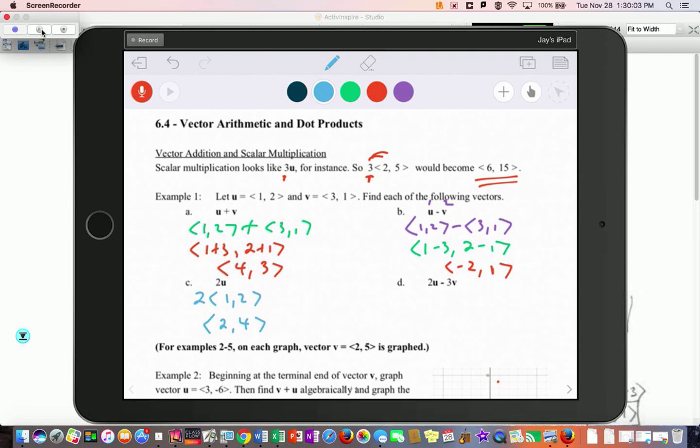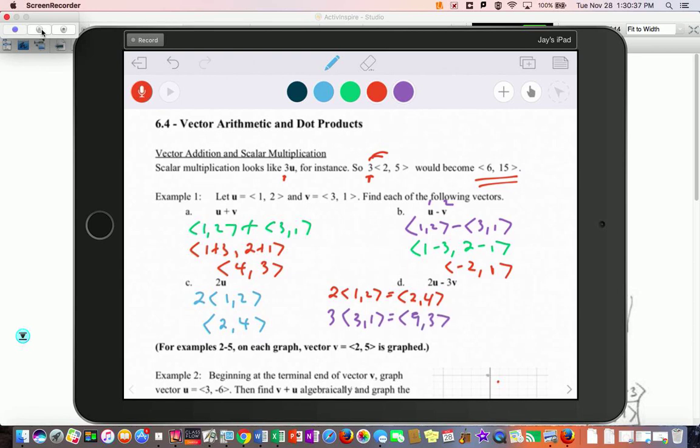If you want some time for part D, maybe to do a DIY, pause the video now. Otherwise, I will just keep doing this problem. So off to the side, I would figure out what 2u is, and 2u we just did in the previous problem. So again, that's 2, 4. And 3v, multiply vector v by 3, would be 9, 3.